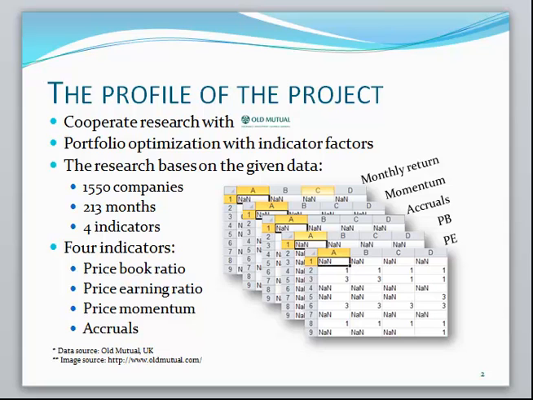So basically, the monthly return given is of 1,550 rows times 213 columns. The indicators are the price-book ratio, the price-earning ratio, the momentum, and the accruals, respectively. The price-book ratio measures how cheap or expensive a stock is.